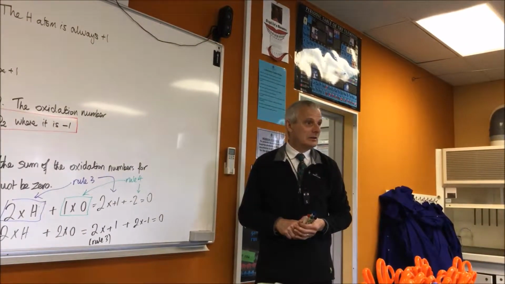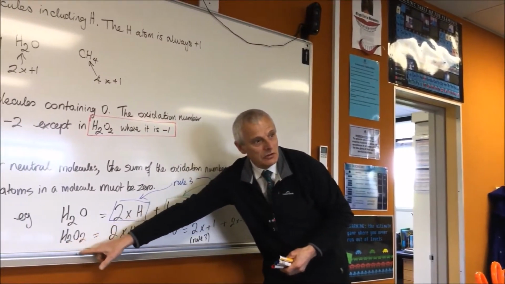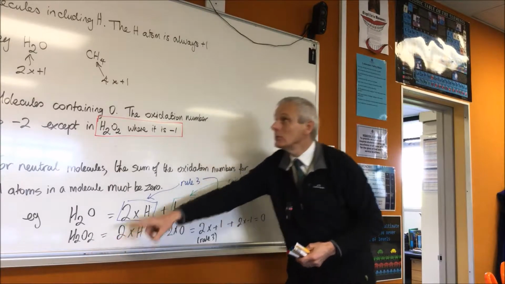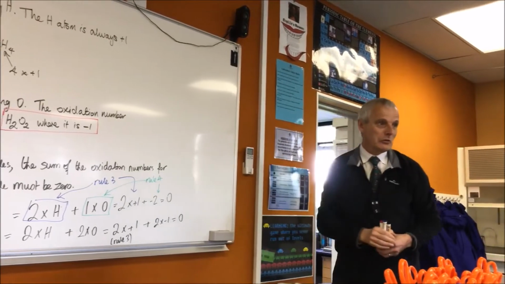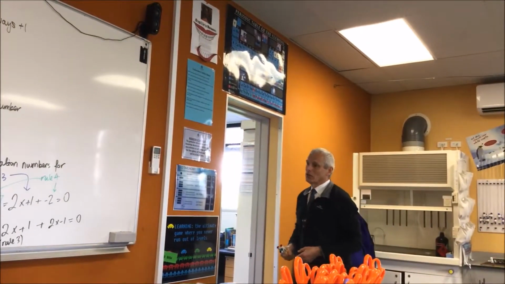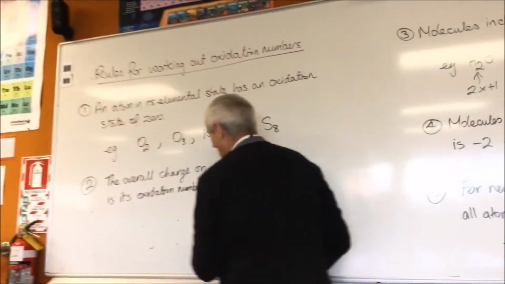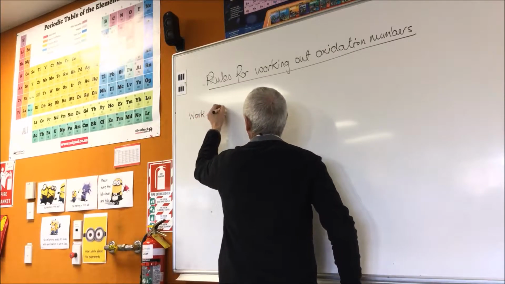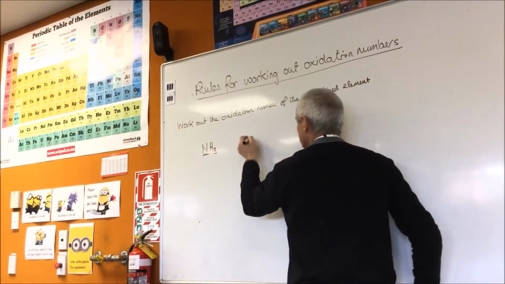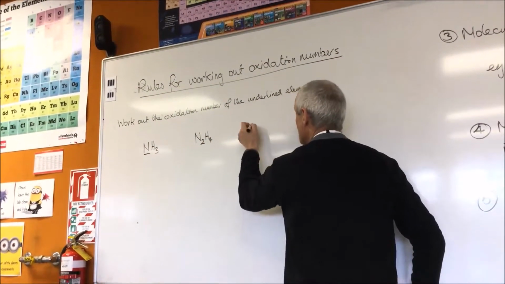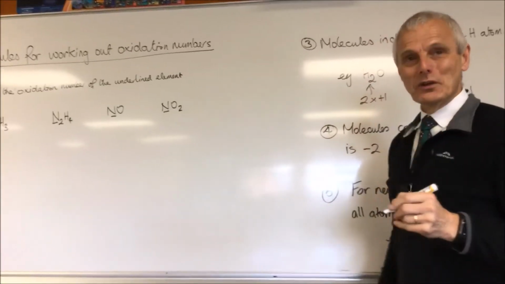Okay? So I've got 2 times +1, 2 times -1, which is 0. So I've got +1 from here, -1 from here. Alright? Right. So let's use that one to work out a few more oxidation numbers. Try all of those.